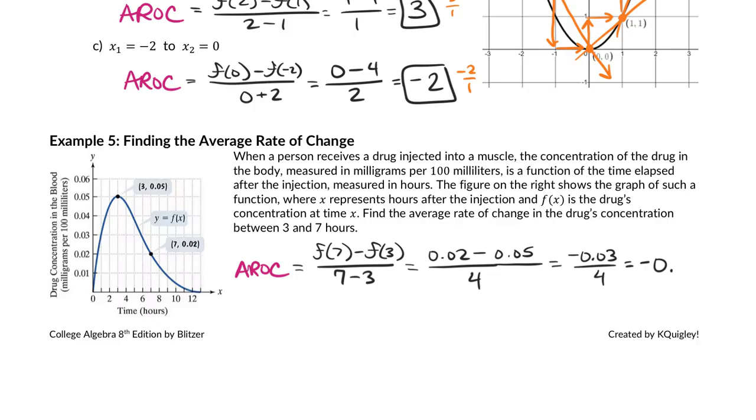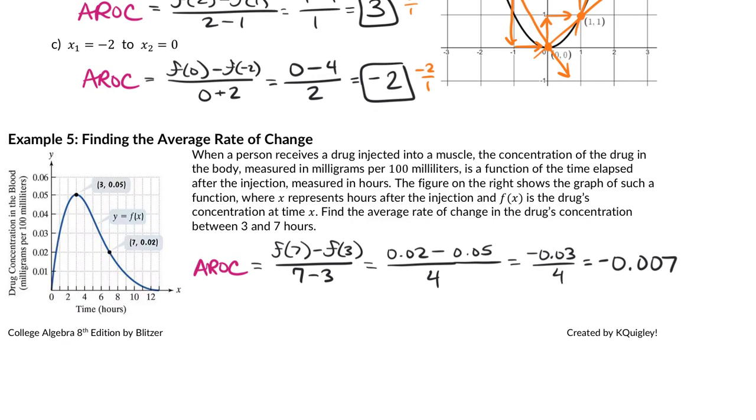That's what the top is, and so now divide that by 4. Negative 0.0075, yes?